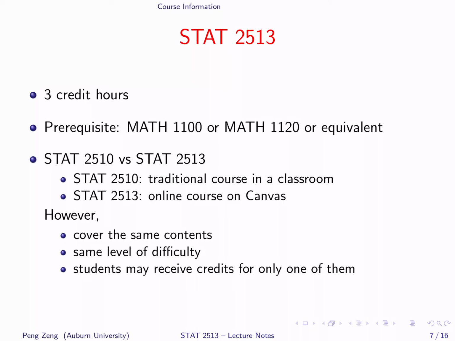This course, 2513, however, is an online course on Canvas. Although one is in a classroom and one is online, these two courses are equivalent. They cover the same contents and the same level of difficulty. Usually, students can only take one of them and can get credits for only one of them.